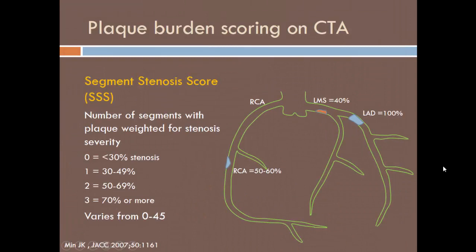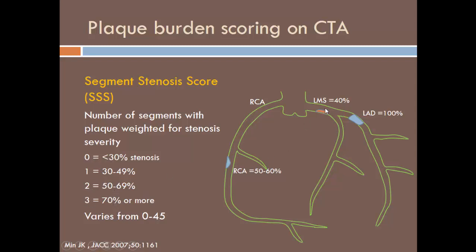Now the second scoring method is called segment stenosis score. In this, the number of segments with plaque are weighted for the stenosis severity. So if the plaque is causing less than 30% stenosis, then give a score of 0, and similarly increasing numbers based on degree of stenosis. And so you add them up.